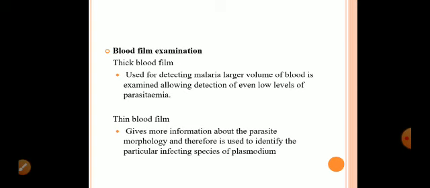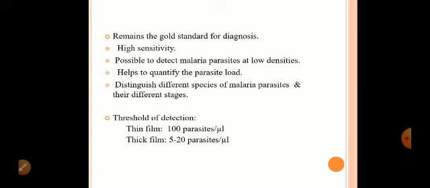The thin blood film tells which species is present. It gives more information about the parasite morphology and is therefore used to identify the particular infecting species of Plasmodium.